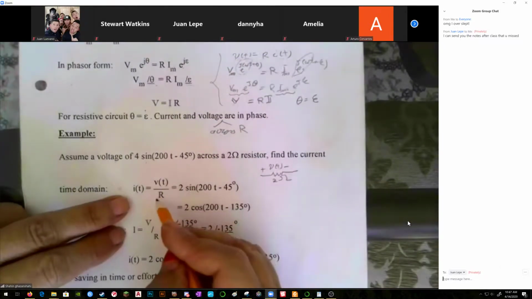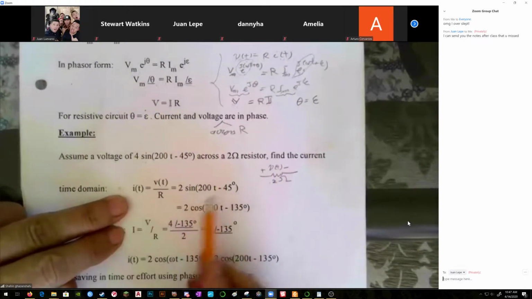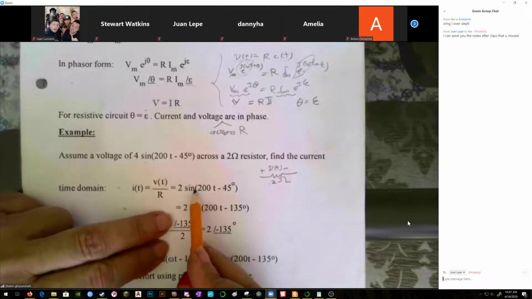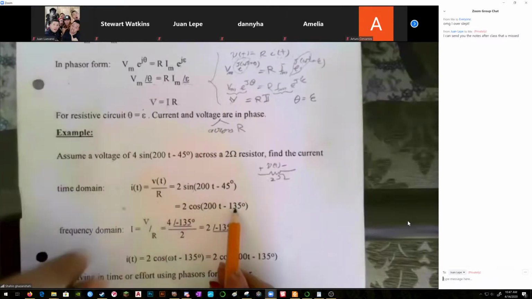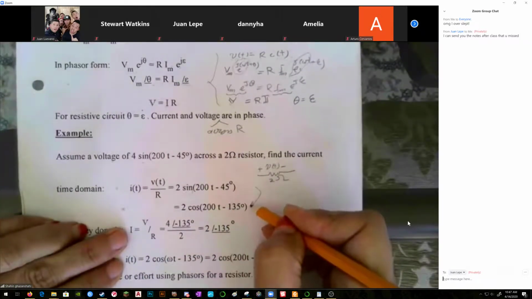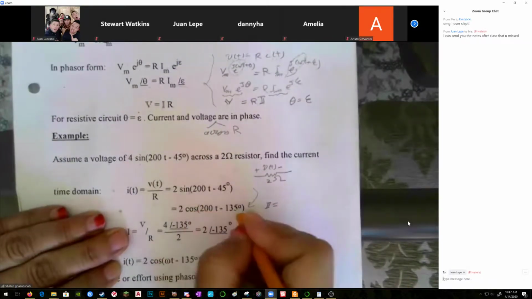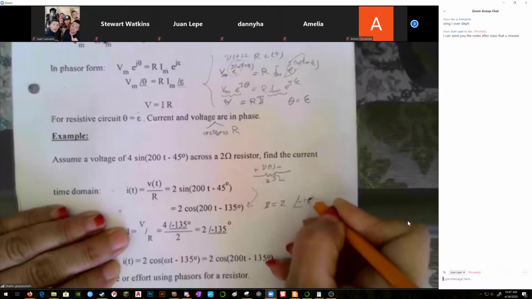Okay, you know the current is voltage divided by resistor. So 4 divided by 2, you get this, correct? Now, if I change the sine to cosine, you subtract 90 degrees. So you come with this. So what is the phasor current if I change this now? It's 2 angle 135, correct?